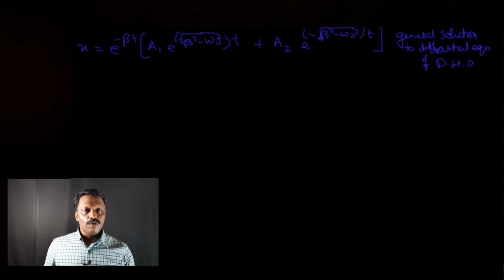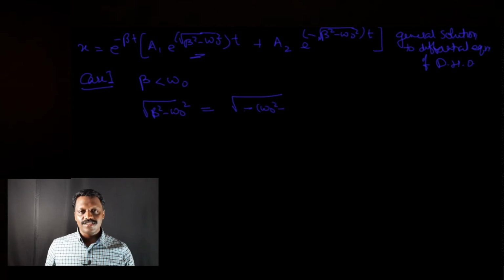Now let us move forward to case 1, where we consider beta less than omega naught. Using beta less than omega naught, we can see that root of beta square minus omega naught square will be imaginary. So let us write root of beta square minus omega naught square equal to square root of negative 1 into omega naught square minus beta square.